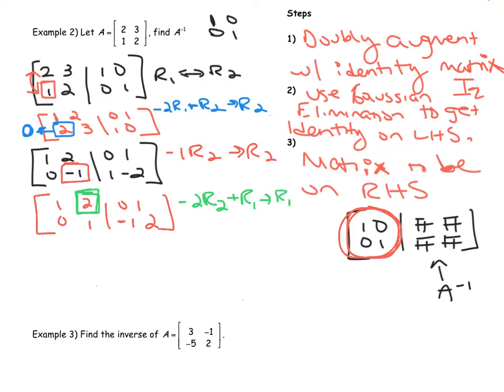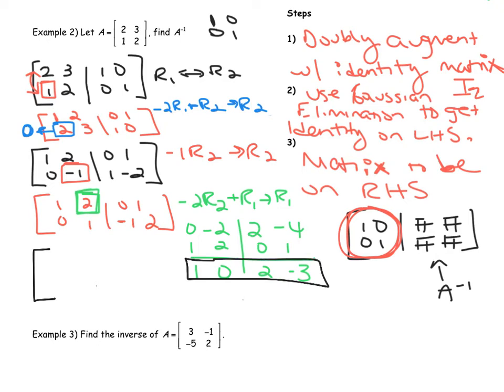So let's do it. Multiply the second row by -2, and I'm going to add it to my first row. When I combine like terms, I'll have 1, 0, 2, -3. So let's rewrite. This is our new row 1: 1, 0, 2, -3. Nothing changed about the second row.